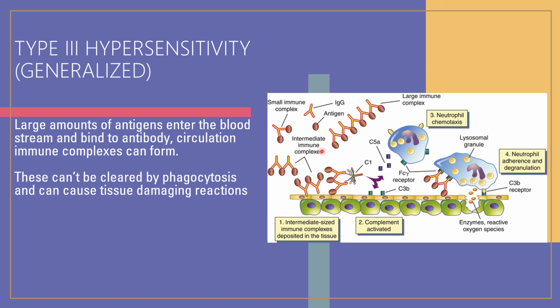Usually the initial event in this type of hypersensitivity is the triggering of a humoral immune response. Usually that immune response can last 7 to 10 days between injection of an antigen and the beginning of the symptoms of the patient.